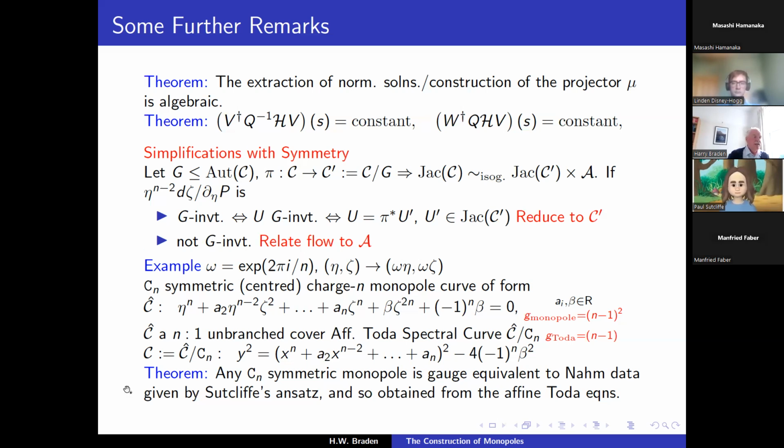In particular, the cyclically symmetric monopoles are reduced from something of genus (n-1) squared to the Toda equations. Those might well appear in Lyndon's talk. And one discovers that an ansatz that Paul Sutcliffe gave many years ago for cyclically symmetric monopoles is actually obtained on the nose from the affine Toda equations.